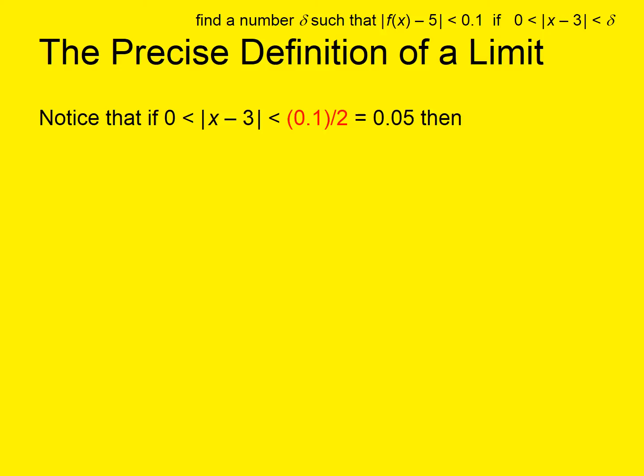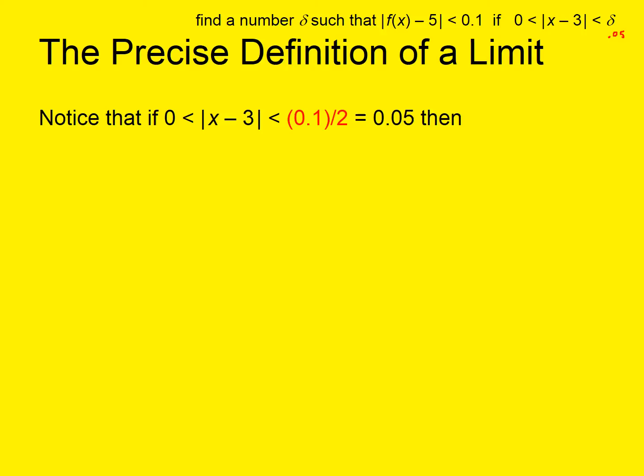That's a delta that we can use, 0.05, and that's going to make this true: that if the distance from x to 3 is less than that number, 0.05, then the distance from f of x to 5 is always going to be less than 0.1.